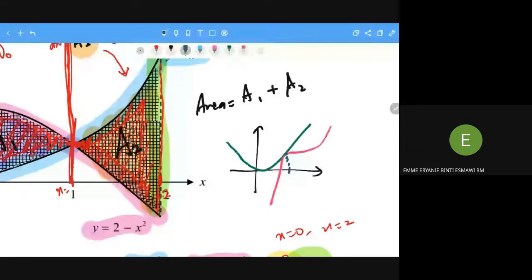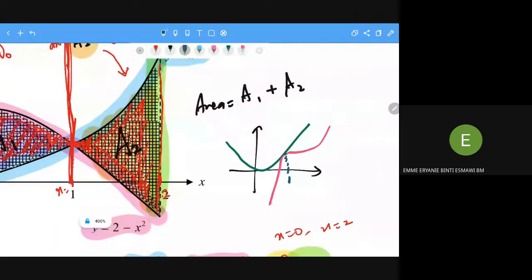Okay, kalau graf tu macam ni, dia bersilang juga dekat paksi 1. Let's say the bounded region is here lah.